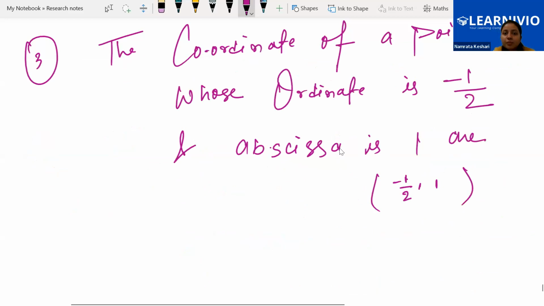The coordinate of a point whose ordinate is given and abscissa is given are this coordinate. We have to just say true or false. The statement written over here, is it true? Is it making sense? Or false? Yes, ma'am, it can make sense. It can be written like this.